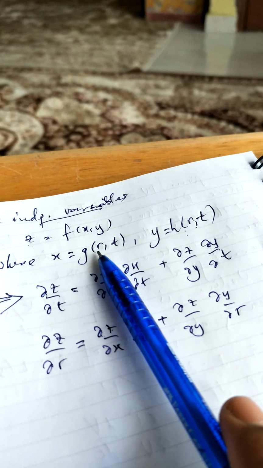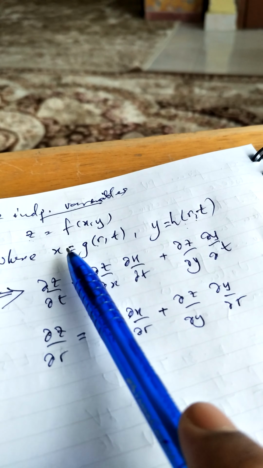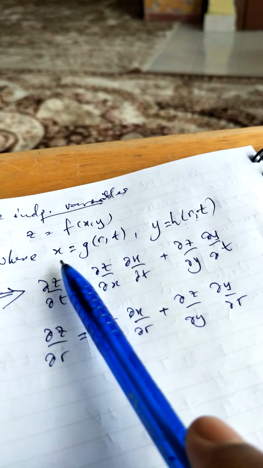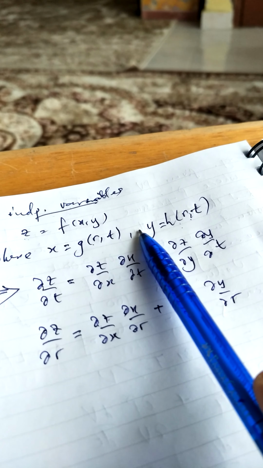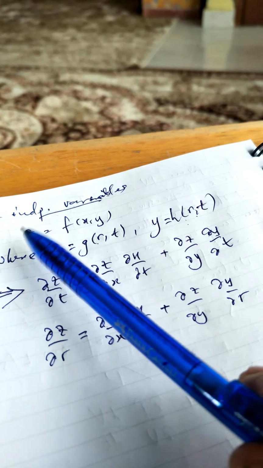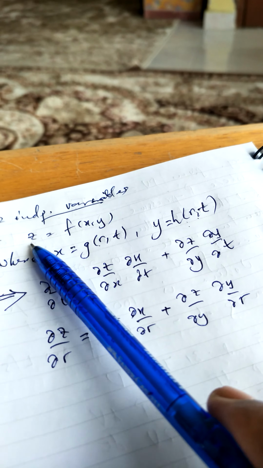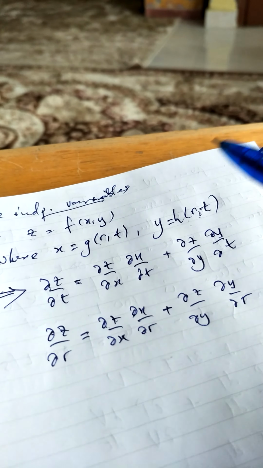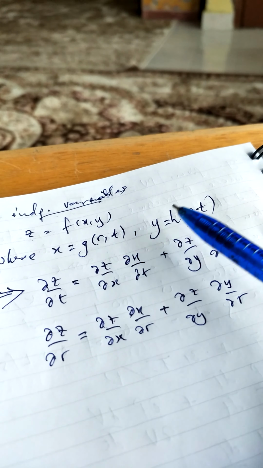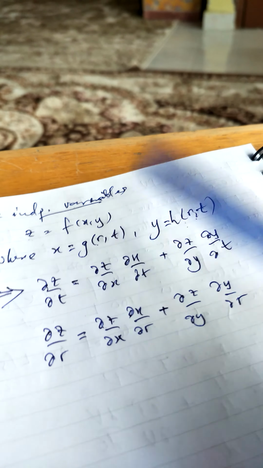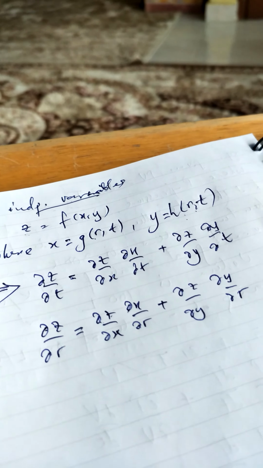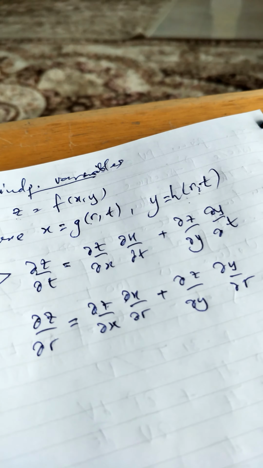Also, if z depends on x, y, w, three variables, and each of those x, y, and w depends on r, t, and s, you can find ∂z/∂r, ∂z/∂t, ∂z/∂s, but remember you need to consider each of the variables in z itself, x, y, and w. So just extend those things.